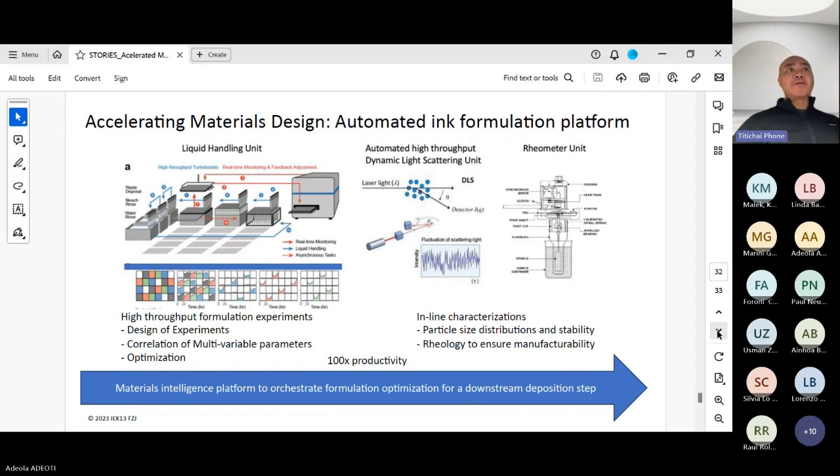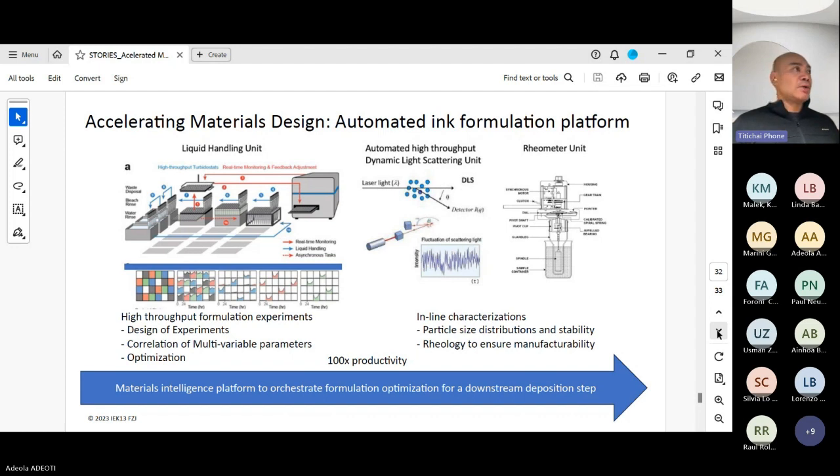The use of high throughput liquid handling system to handle preparation of samples, together with inline automated characterization with light scattering for particle size distribution, as well as rheometer units to understand the rheology of the ink so that you can fit that to the fabrication downstream or manufacturability. Overall, it's a platform that tries to unlock that limiting step in the discovery process. This type of platform should be able to enhance productivity by 100-fold, right? Because instead of human doing the experiment a few set at a time, you can do liquid handling of 100 samples at a time, for example, right? And so this type of system shown in the next slide, there are more and more of that coming in the pipeline.